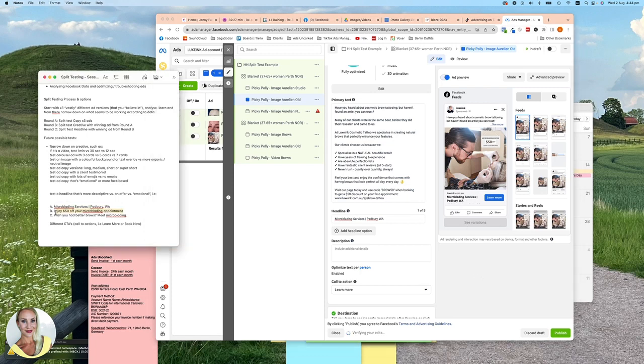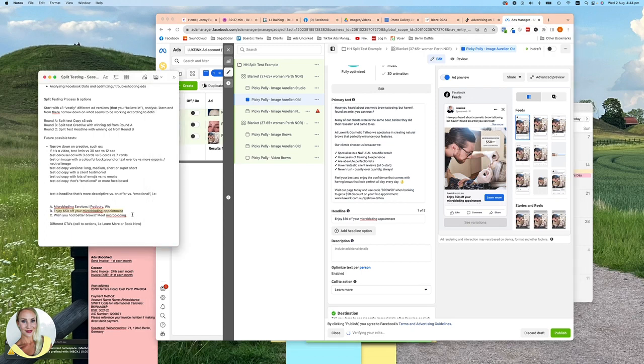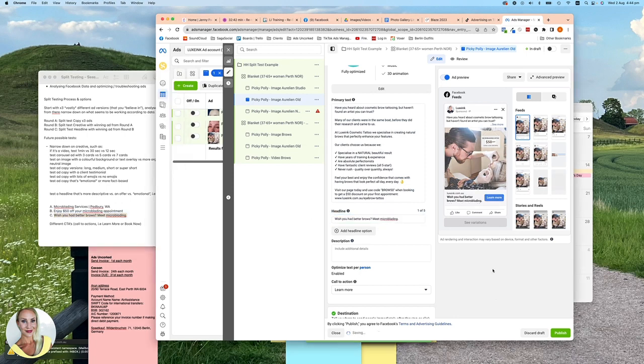You could split test that with a second ad that's more an offer, so try to emphasize there the discount, for example. And the third one can be more emotional. For example, wish you had better brows, need microblading.